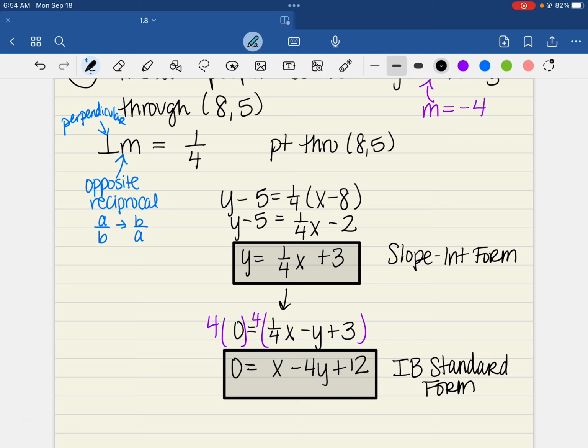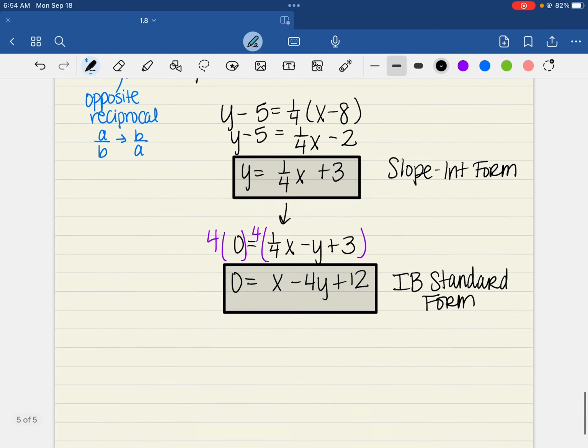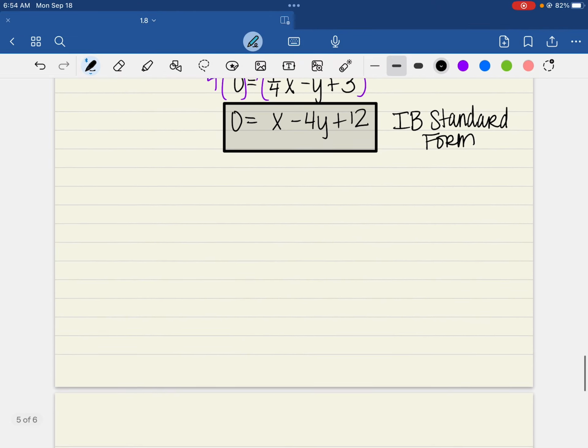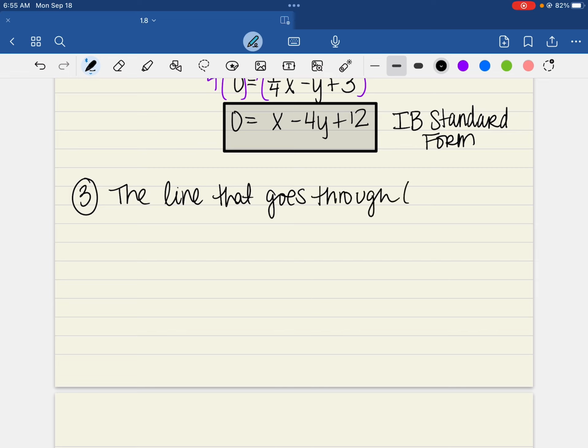All right. Last problem like this, again, please pause and complete the problem as needed before resuming the video to check your answer. And as always, your spacing is going to be very different than mine. Number 3, the line that goes through (4, 0) and (0, 2).